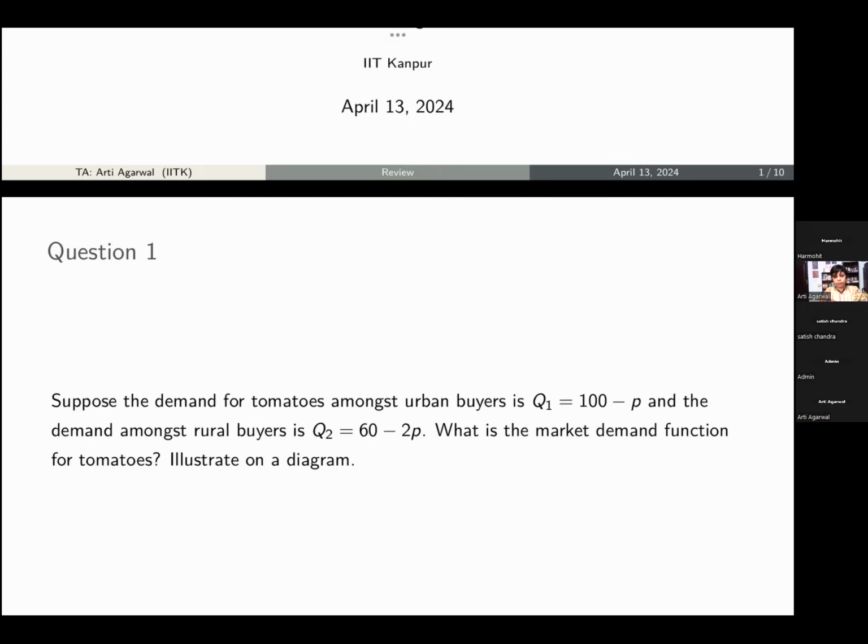Okay. So the first question is where you have the demand function for two types of buyers. There are urban buyers and there are rural buyers. And you have to find out the market demand function. So can anyone tell me what we will do in this situation? How will you find the market demand?